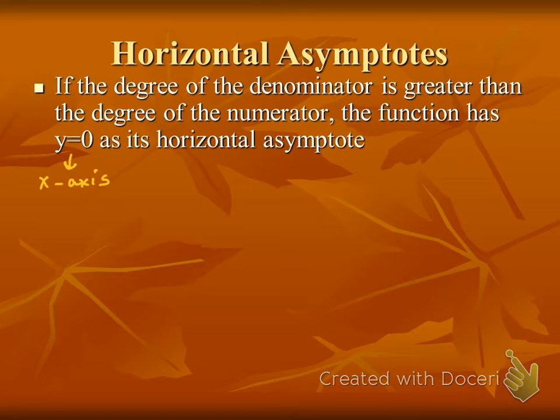An example of this would be something like f of x equals, let's just reverse the one that we're working with, x plus 2 over x squared minus 4. Now, does everyone see that the degree of the bottom is greater than the degree of the top? That means the bottom is going to be outgrowing the top. Significantly, if x is 1,000,000, then the numerator is 1,000,002.